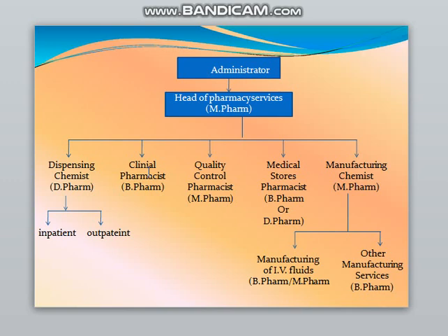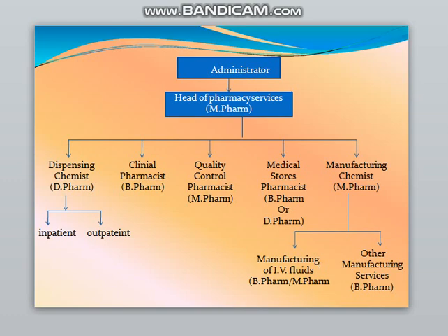Next is the medical store pharmacist, who can be a B Pharm assisted by a D Pharm. And the manufacturing chemist, for manufacturing IV fluids or other things like tablets, capsules, liquids, injections or external preparations. Adequate D Pharm assistance is required in all the sections.